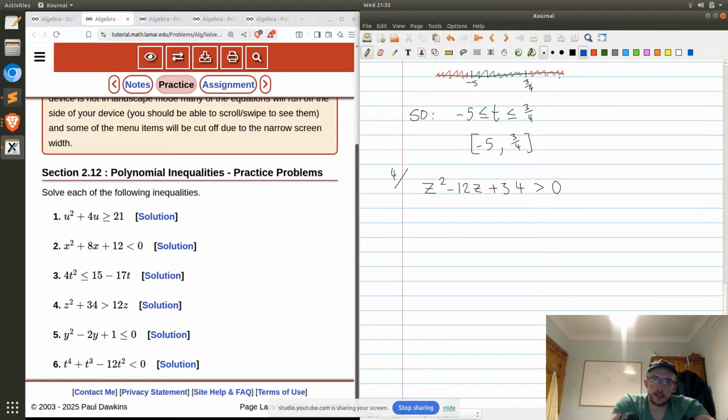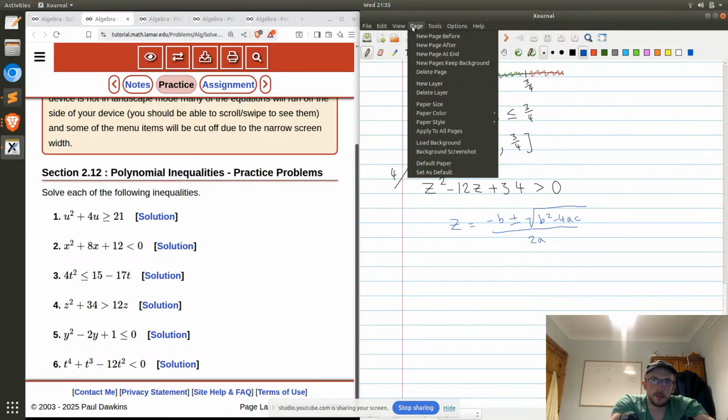What formula do you mean? Well, I mean this one. Z is equal to -b plus or minus the square root of b squared minus 4ac all over 2a.